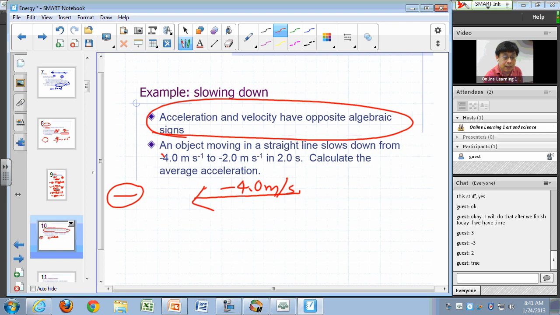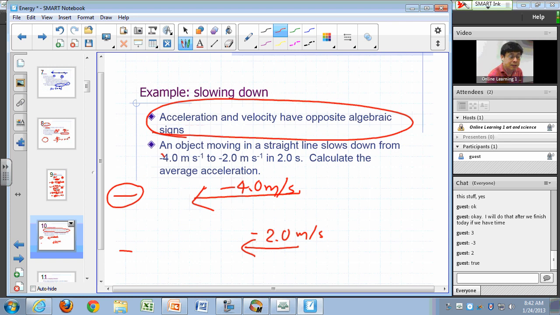Now, 2 seconds later, you're moving at only 2 meters per second. So your final velocity is negative 2 meters per second. Again, that's a negative direction. So you're slowing down from negative 4 meters per second to negative 2 meters per second. Let's verify that our acceleration in this case is not going to be negative, but the opposite.